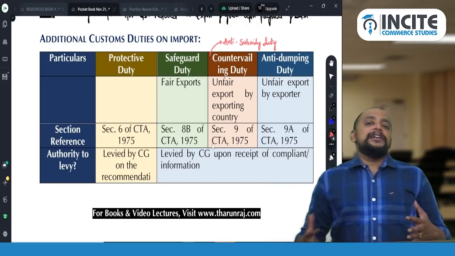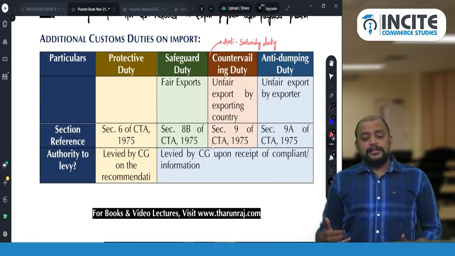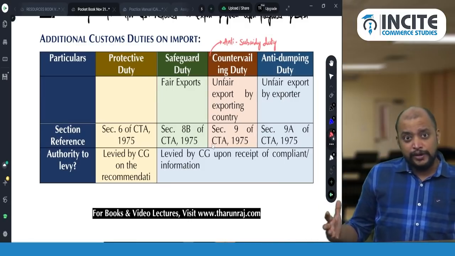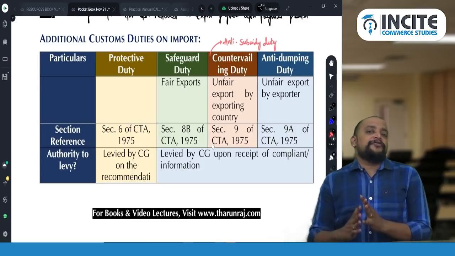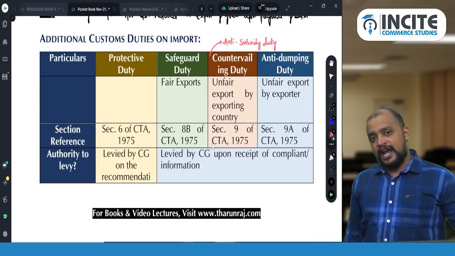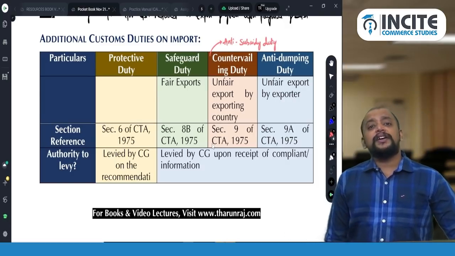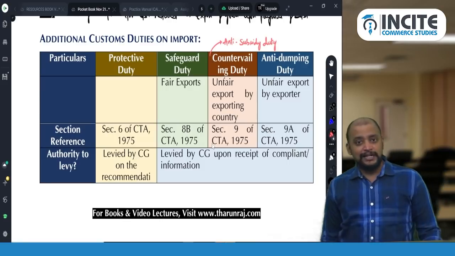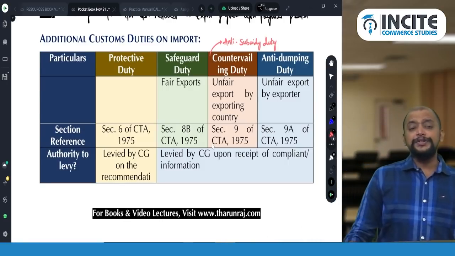So we are learning it comparatively. First, why is there protective duty, safeguard duty, countervailing duty, and anti-dumping duty? All these are to protect the domestic manufacturers from the risk of imports. When a lot of imports are happening in a particular period, the domestic manufacturers will not be able to survive in their business because the dependency on imported products is increasing. So what is the way out?